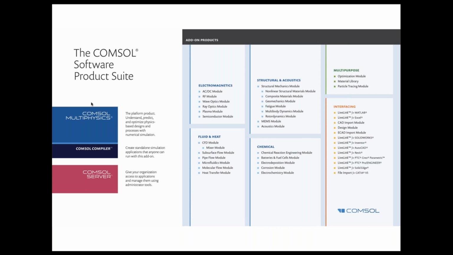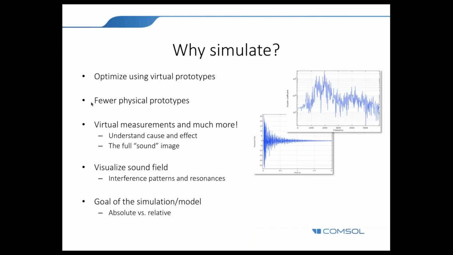COMSOL is very flexible. It contains many predefined physics interfaces, but also allows you to define your own custom physics and equations. So why do we need simulation? What kind of benefits do we have if we do software simulations? So you can do virtual prototypes, which can be faster and cheaper than building real-world physical prototypes.